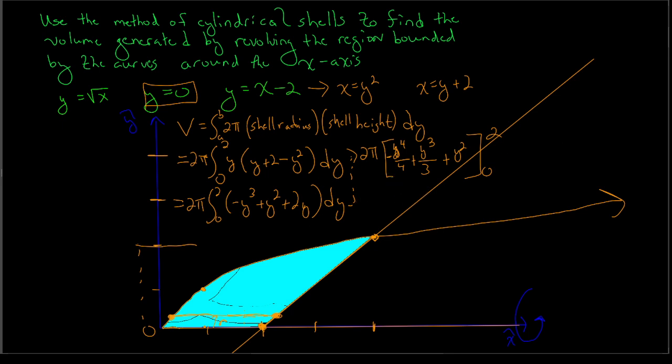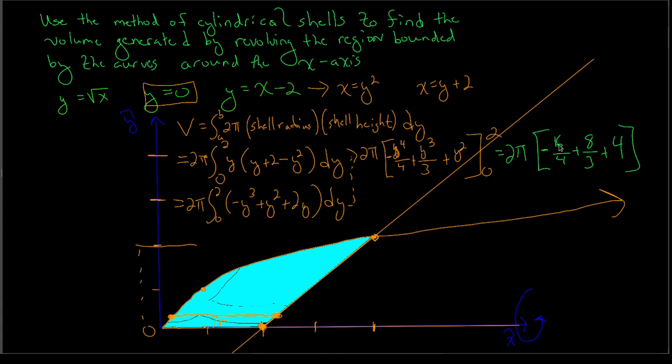And let me brighten up my color here so it's visible as we do our substitutions in. Nice thing is the 0 doesn't do anything, so we only have to worry about this being 2 pi times minus 16 divided by 4, because 2 to the 4th is 16, plus 8 divided by 3, plus 4.